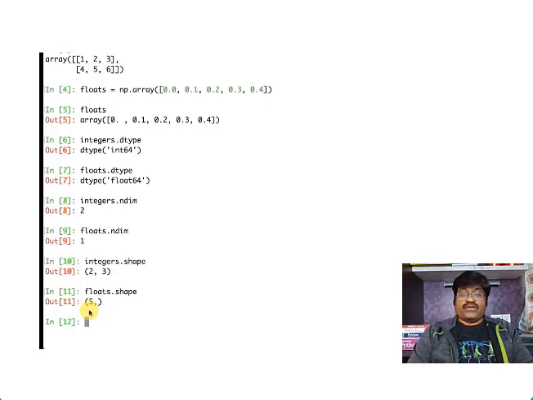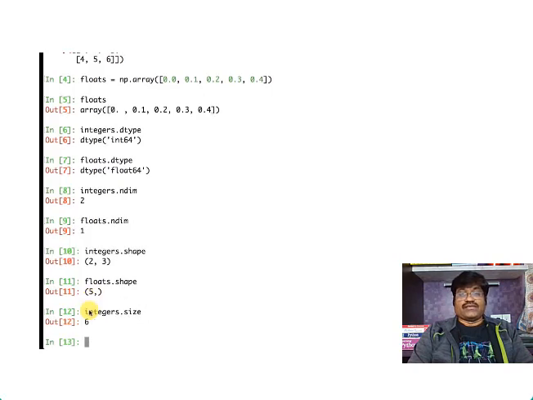The next thing we want to take a look at here is determining an array's number of elements and element size. If I say to the integers object, tell me what your size is, I get back 6, which is actually the multiplication of the number of rows times the number of columns. 2 times 3 gives me 6 total elements. And I can also go ahead and check the itemsize, which is how many bytes are being used to store each element in the integers array object.